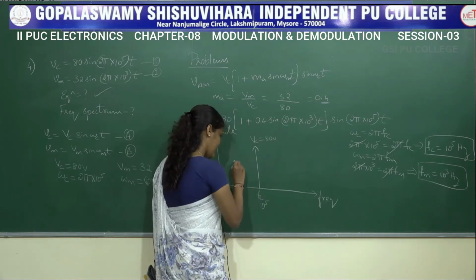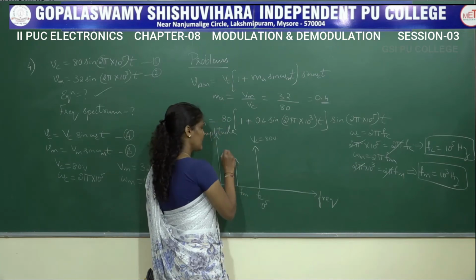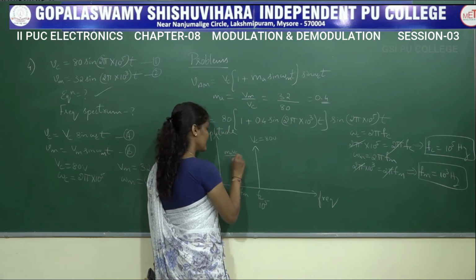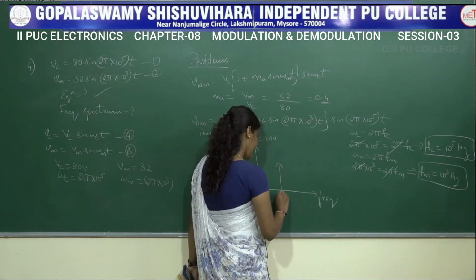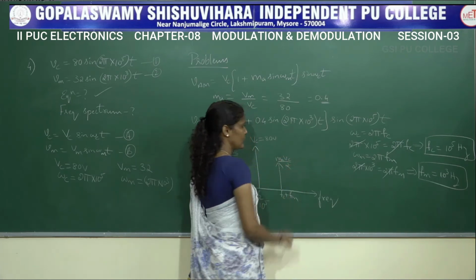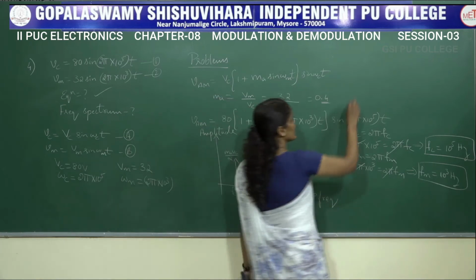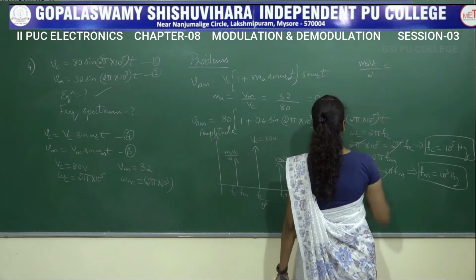Now, the lower sideband frequency is fc minus fm with amplitude Ma Vc by 2. The upper sideband frequency is fc plus fm with amplitude Ma Vc by 2. Let us calculate the amplitude of the sidebands, Ma Vc by 2.